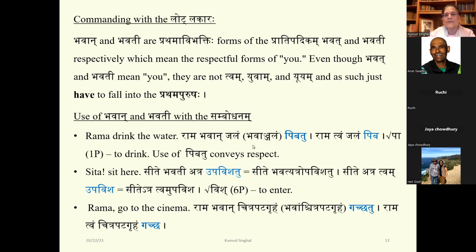Pibatu. So this will be a more polite way of saying it. Even if you don't have Rama and Bhavan, if you just say Jalam Pibatu, it is a polite way of asking somebody to drink water, right?